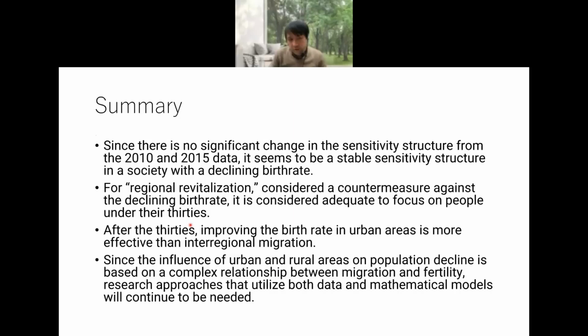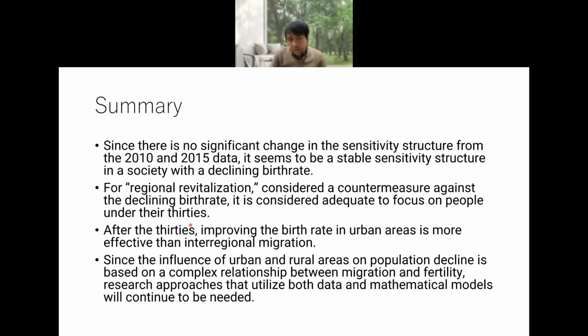Since there is no significant change in the sensitivity structure between the 2010 and 2015 data, it seems to be a stable sensitivity structure in a society with a declining birth rate. For regional revitalization, considered a countermeasure against the declining birth rate, it is considered adequate to focus on people under their 30s.